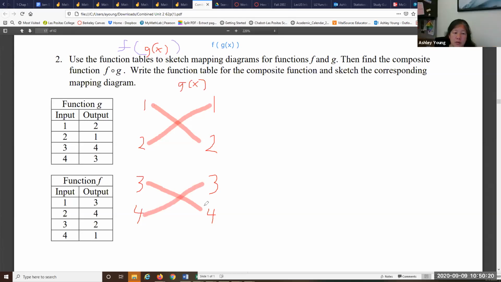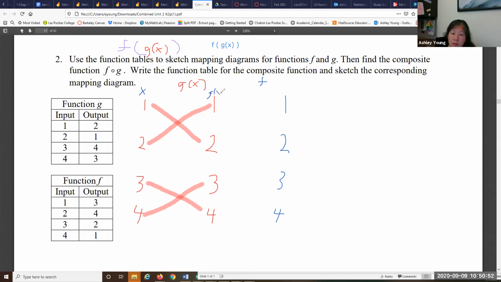Good. Nice. Now we're going to do f. Then we do f on the rest of it. So here's my 1, 2, 3, and 4. And my input for f is really g of x. Let's kind of get things straight. This is my x. This over here is actually my g of x.